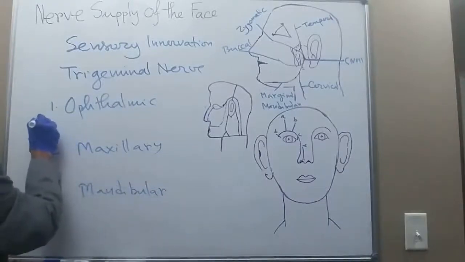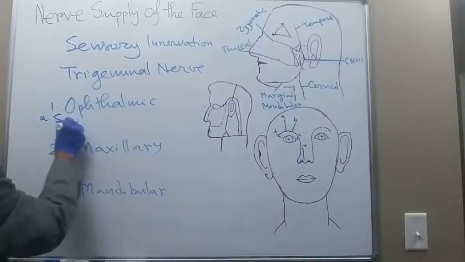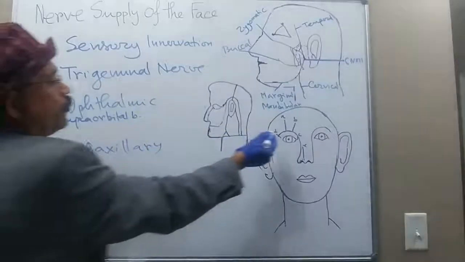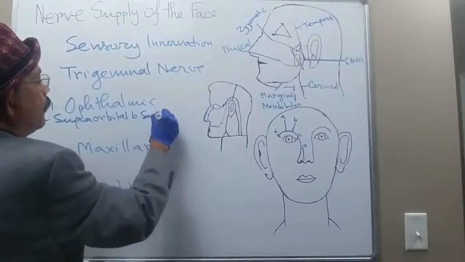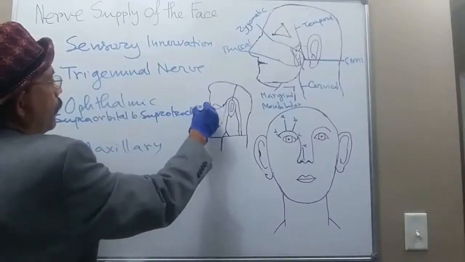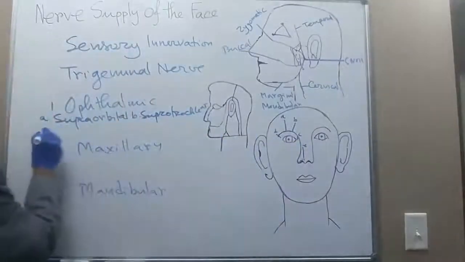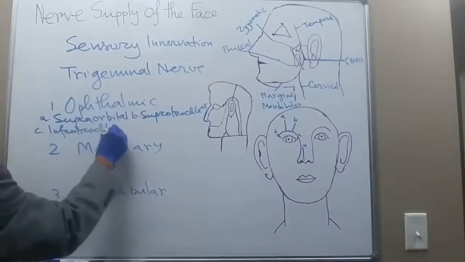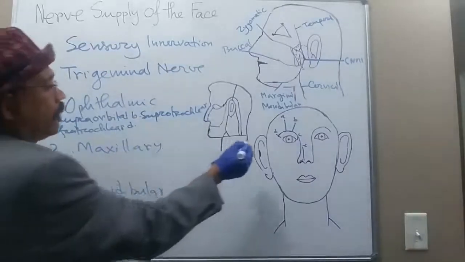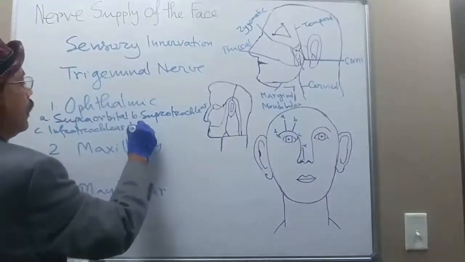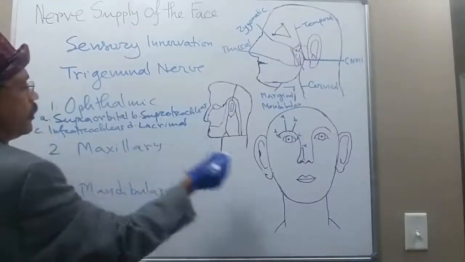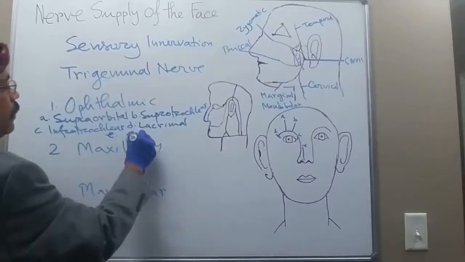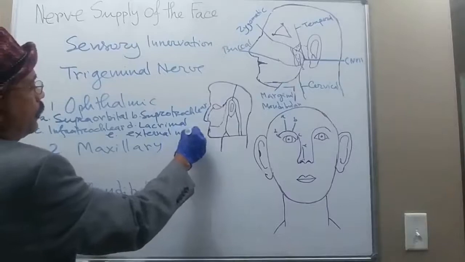So 5 branches. One is the supraorbital, then this is supratrochlear, this is infratrochlear, then we have the lacrimal nerve, and this is the external nasal branch.